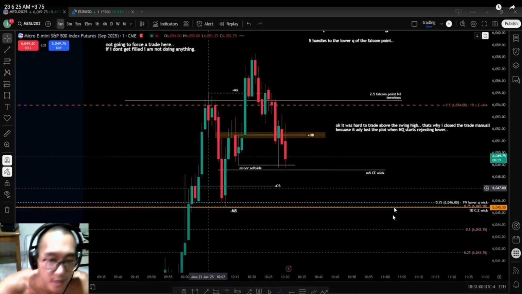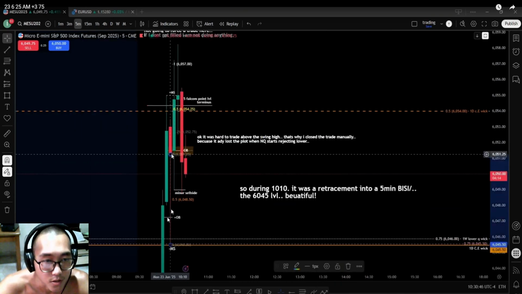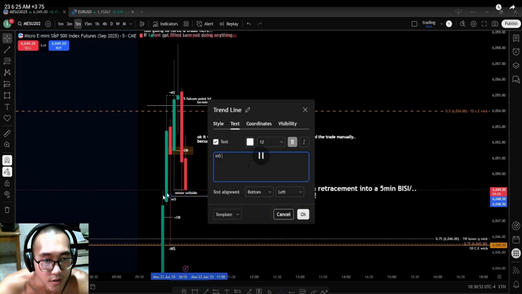So I draw the 5-minute CE wick as well. This long wick, because I want to see if the price is really going to shoot down, I want to see it shoot through it and act as resistance.